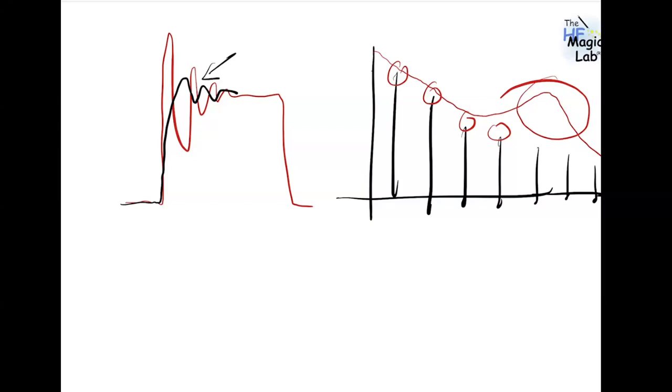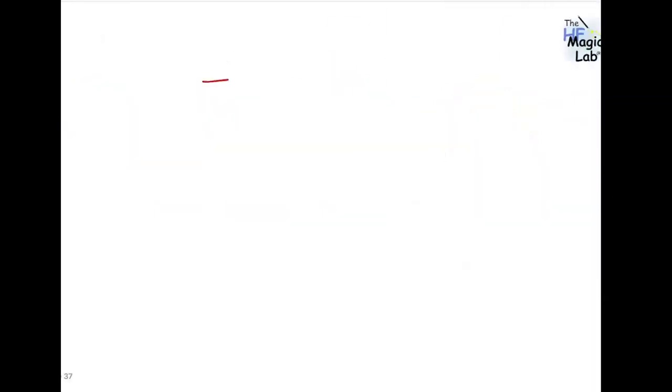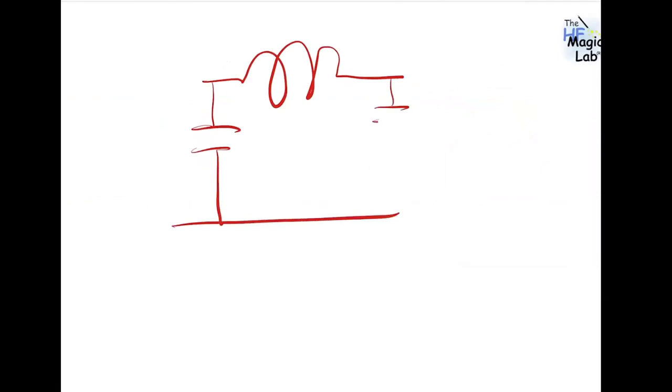Are any differences in LISN configuration or topology required in case of DC-DC or AC-DC power supply applications for EMI measurement? Well, the most basic circuit for the LISN is something like this: one inductor with a capacitor here, another capacitor here, and here you put the 50 ohm impedance of your oscilloscope.